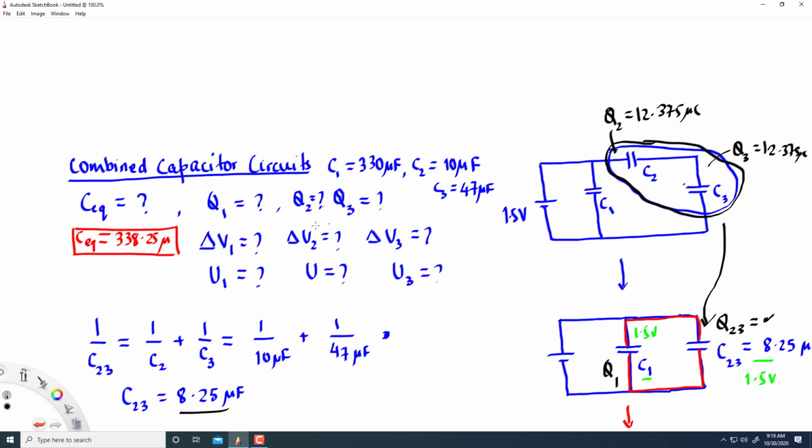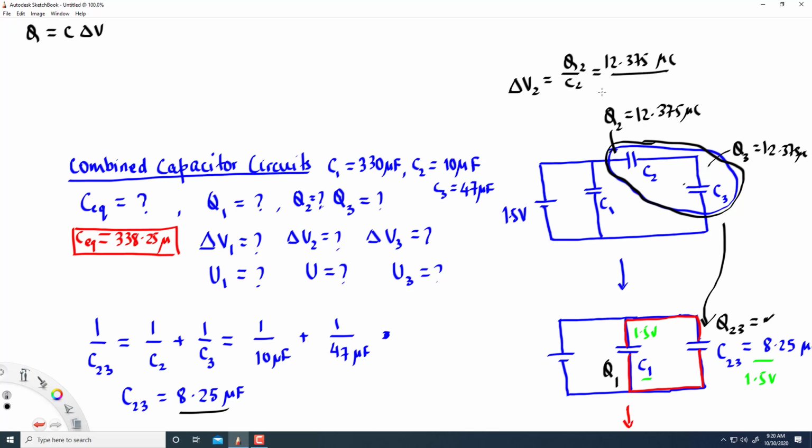And then once you have charge, now you can find delta V for each of these ones. So delta V2 would be using this formula, Q is equal to C delta V. You get delta V is Q over C. So Q is 12.375 microcoulomb.